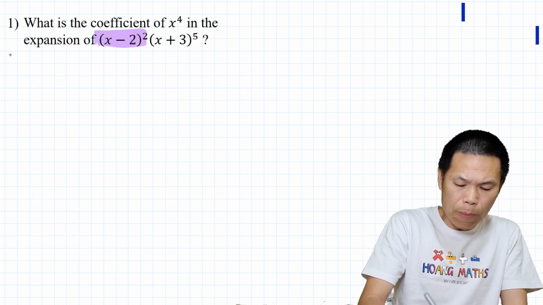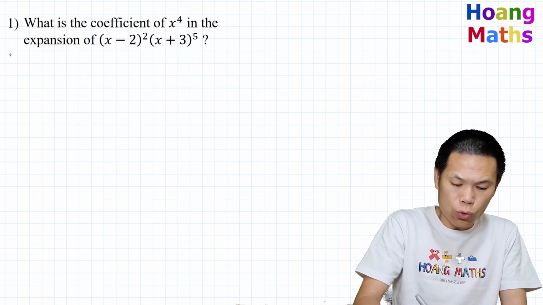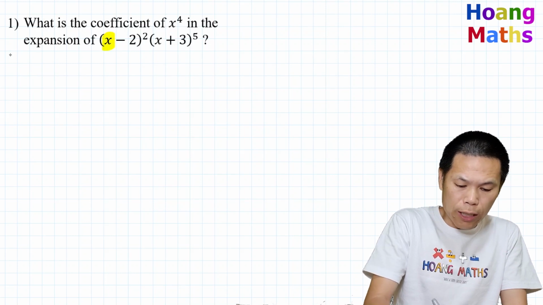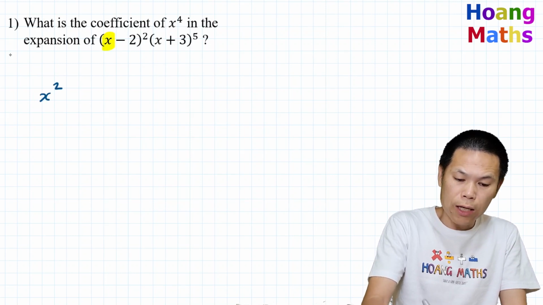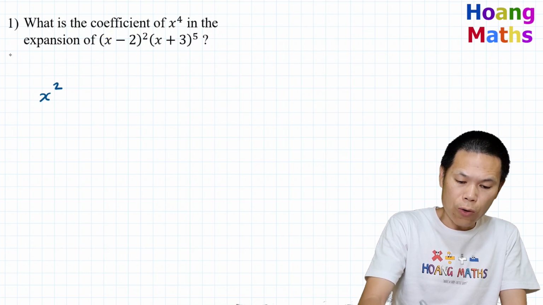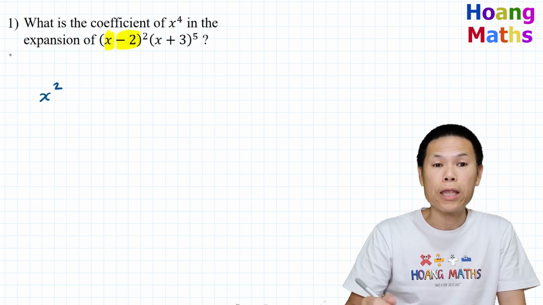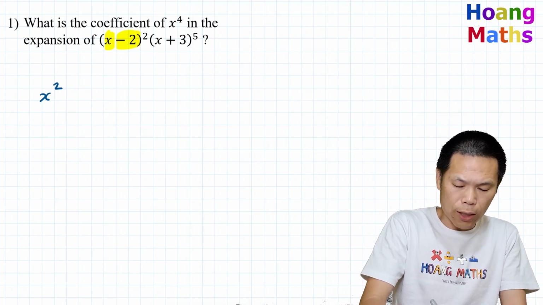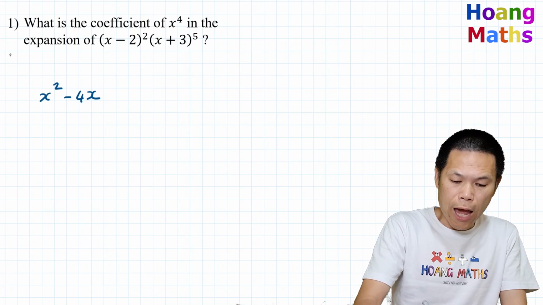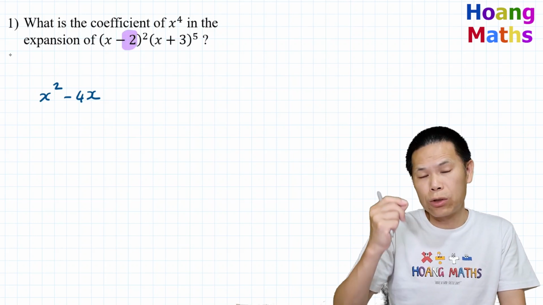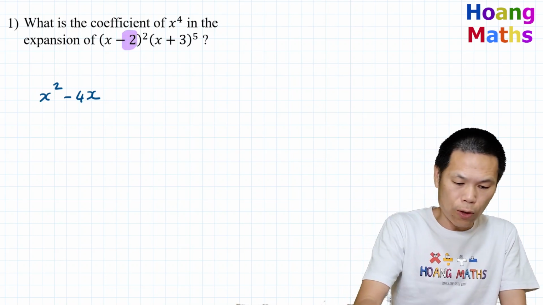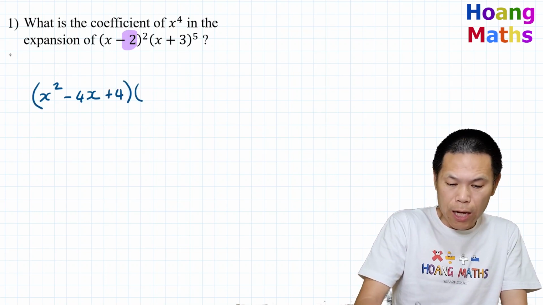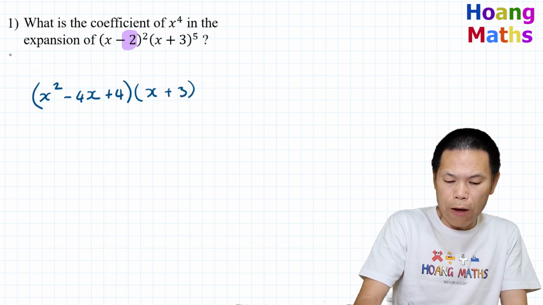So we have x squared, then x times negative 2, that is minus 2x, and we double it, giving minus 4x. Then we add negative 2 squared, which is positive 4. So there you go. Now we need to multiply by (x plus 3) to the power 5.